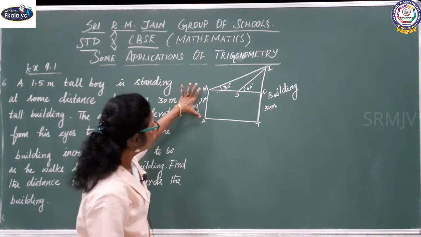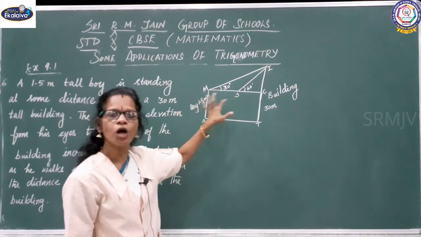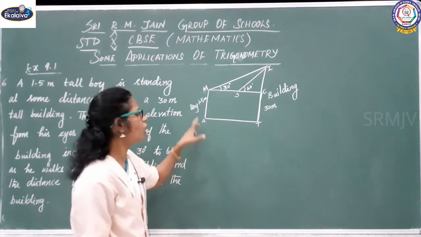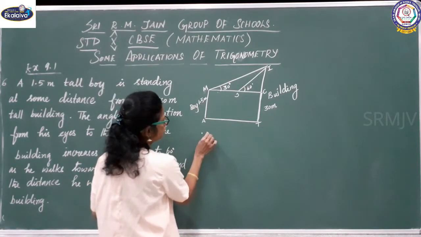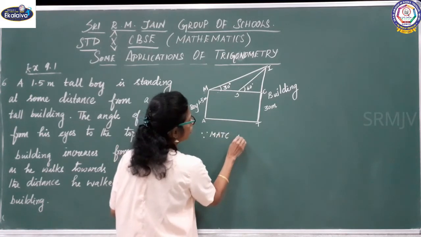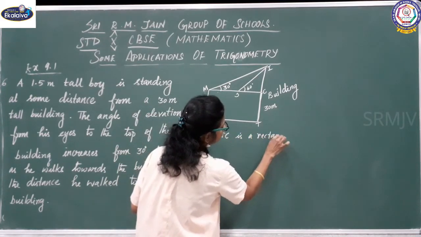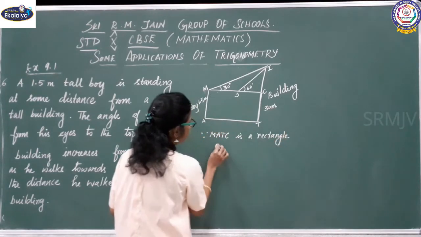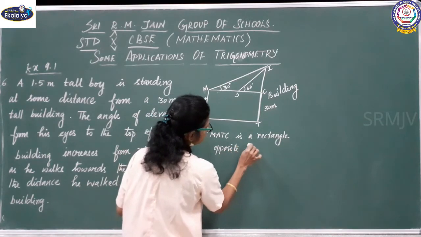One thing I want to tell you, here it looks like a rectangle. Rectangle means what? Opposite sides are equal. Since MATC is a rectangle, opposite sides are equal.